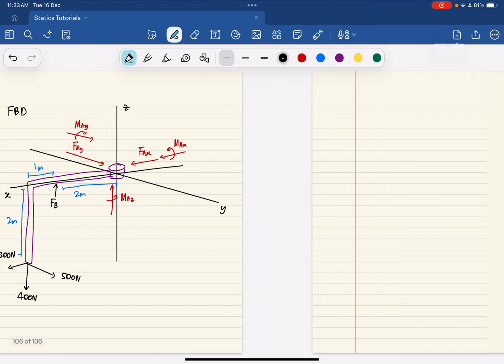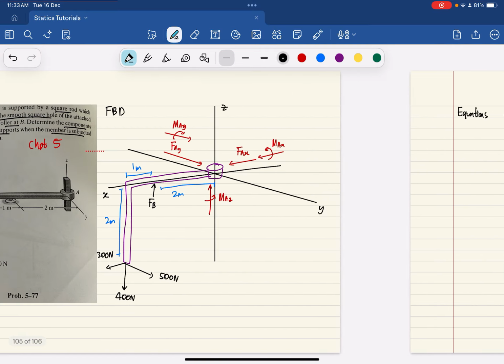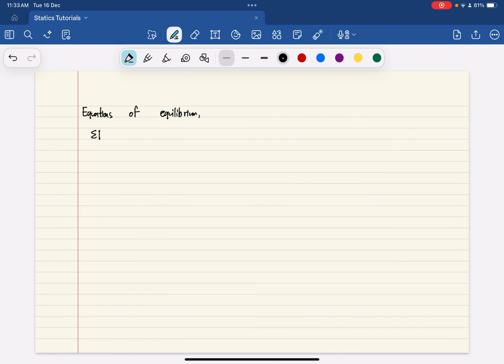Okay, so let's write down the equations of equilibrium. We have that summation of Fx is equal to 0, summation of Fy equals 0, summation of Fz is equal to 0, summation of Mx is equal to 0, summation of My equals 0, and summation of Mz equals 0.